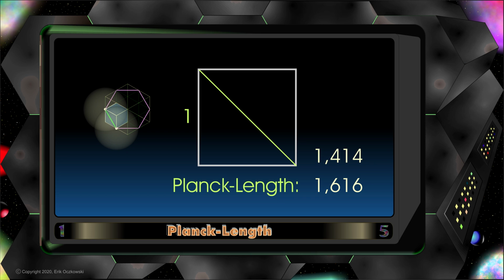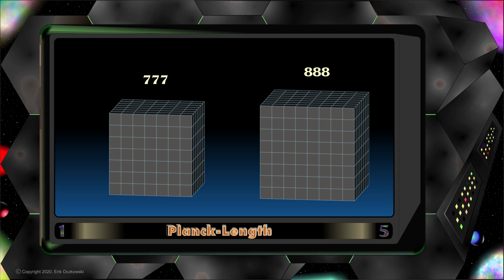And if we now presume the Planck length to be a square diagonal, then we can calculate the system, and the result is that if we have a 777 and a 888, and the 777 has the edge value 1, then the square diagonal of the 888 is the Planck length, relating to the 1 of the 777, and it supports the value 1.61624407128354.